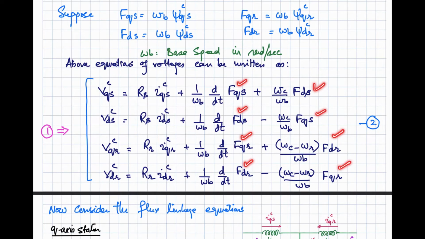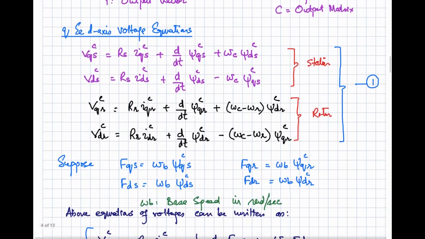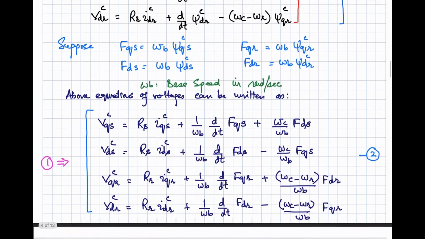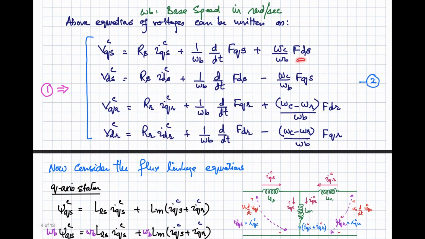So instead of flux linkages, we have used the term F, that is basically in the units of the voltage, overall F, where omega B is in the units of radian per second. So this first set of equations that we defined over here, the stator and the rotor voltage equations, now we are going to write them in the form of FQS, FDS, FDR, and FQR, right?